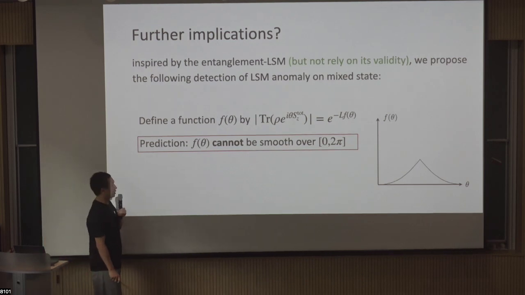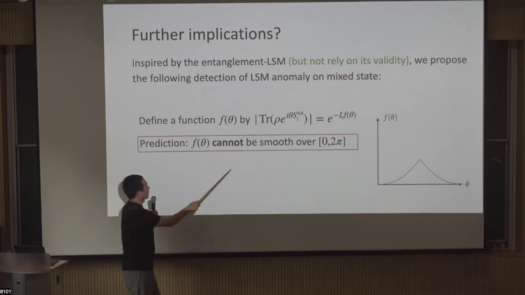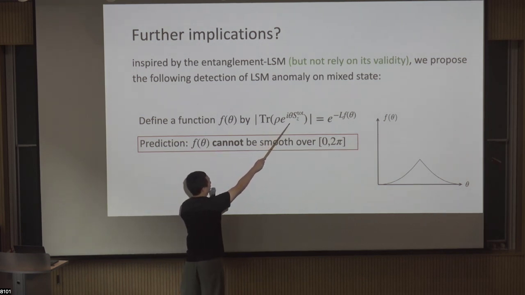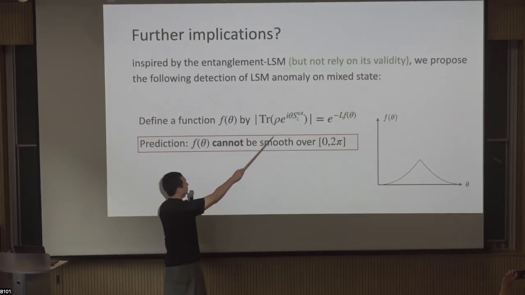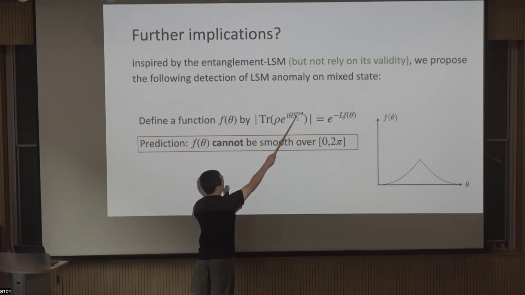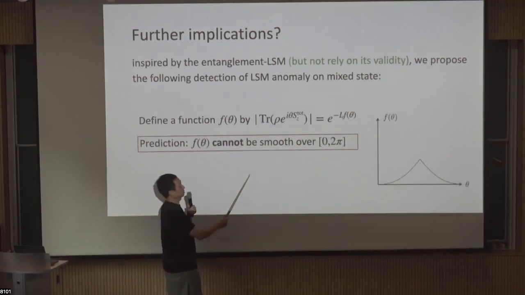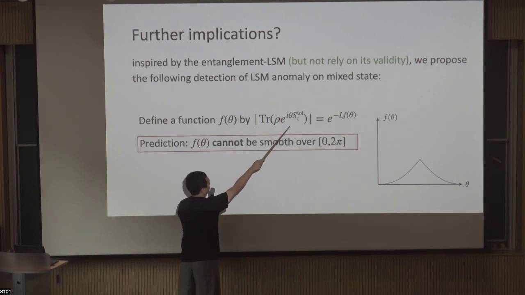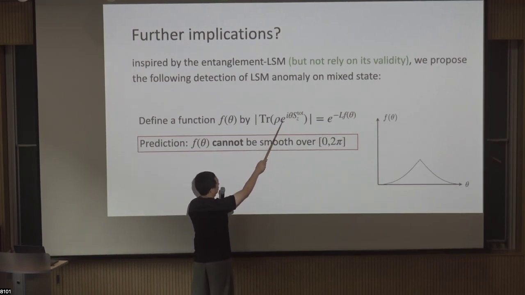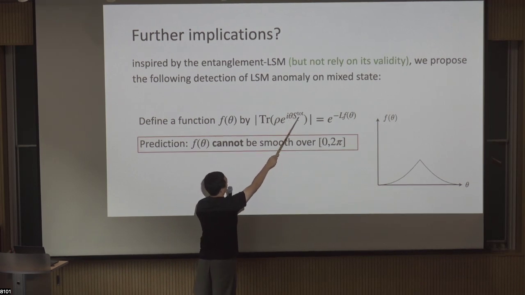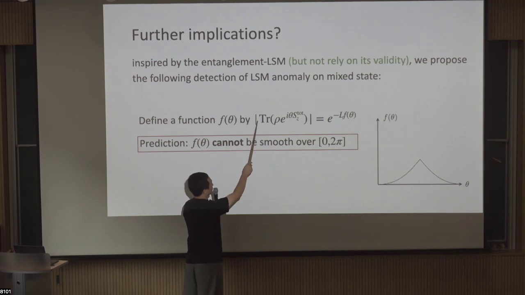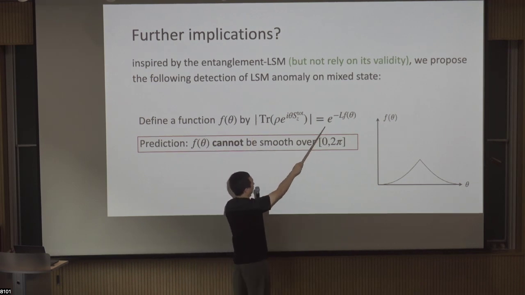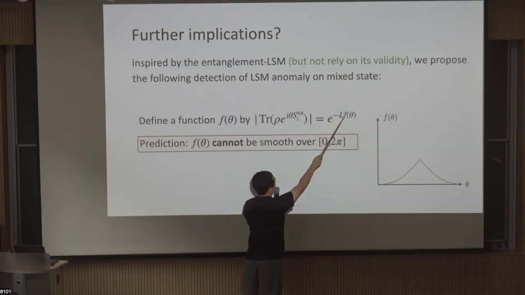My prediction is, if you evaluate this operator, taking the one preferred direction in your SO(3) symmetry, let's call it S_z, and compute the total S_z. It's not a twist operator, just to clarify, it's a total symmetry action. Then you make it a unitary operator, e to the i theta S_z total, and take the expectation value of it by tracing, and we only care about the magnitude, so we take the absolute value. We define such a function to be e to the minus L f(theta).